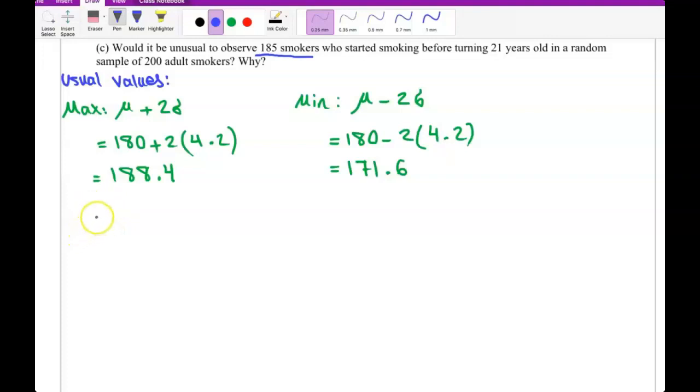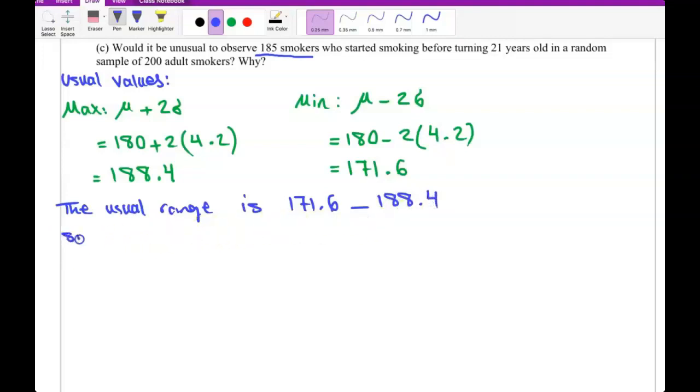Okay, now we're going to see if that is usual or not. So the usual range is from the minimum value, 171.6, up to the max value, 188.4.